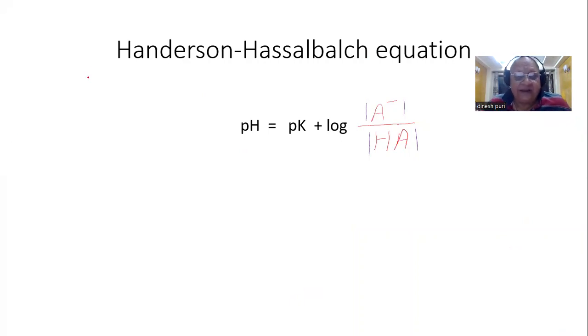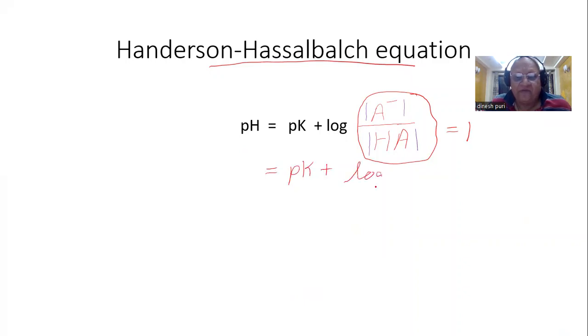We'll have to see the Henderson-Hasselbalch equation to understand that concept. We said that when A minus and HA are in equimolar concentration, then the buffer is most effective. So if these two are equal, this ratio becomes equal to 1. Now the equation changes to pH is equal to pK plus log 1.